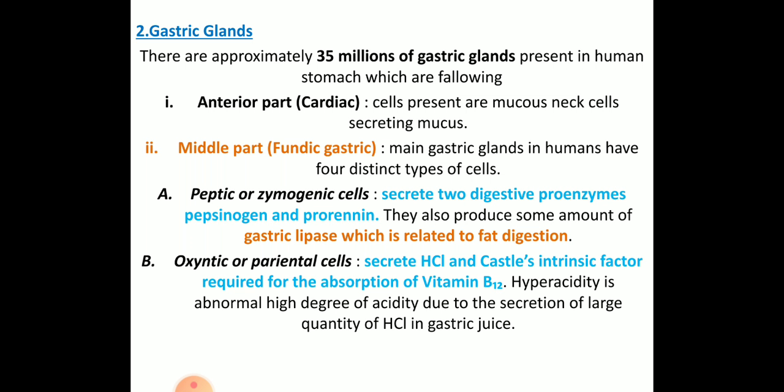Next, you have the oxyntic cells. Oxyntic cells mainly secrete HCl, and also Castle's intrinsic factor, which helps in the absorption of vitamin B12. Hyperacidity is a high degree of acidity due to secretion of a large quantity of HCl in gastric juice.